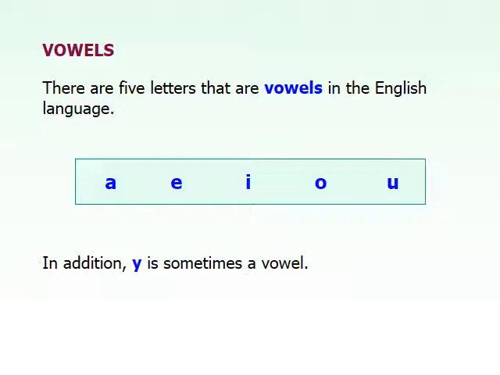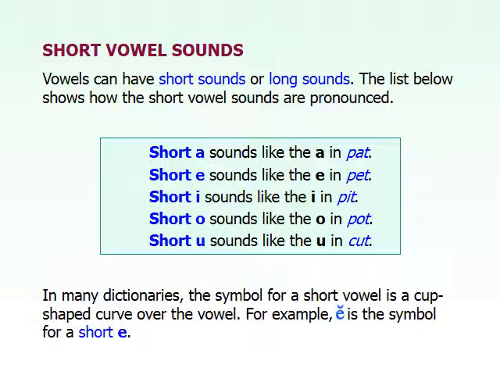And when we make a T, we actually stop the air with a combination of our tongue and our teeth. When we make an N, we stop the air by pushing it through our nose. But vowels are the breathy sounds where they aren't stopped. So we have these ones: A, E, I, O, U, and sometimes Y.